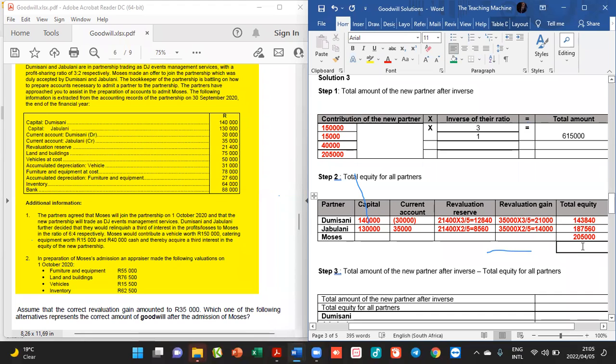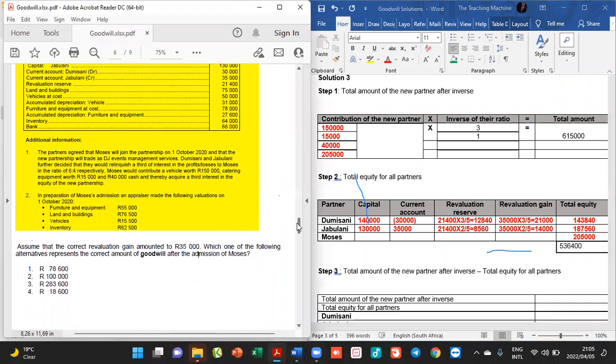So what should be the total equity for all partners? 536,400. Now, who can tell us the correct answer for the goodwill?